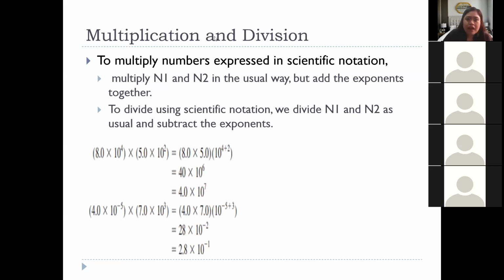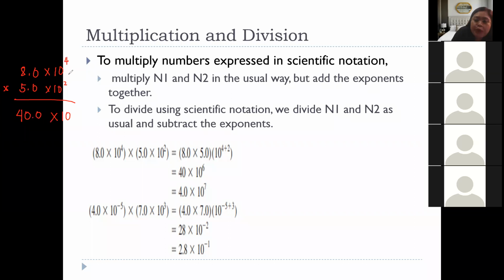Let me give you an example. For number 1, we have 8.0 times 10 raised to the power of 4, times 5.0 times 10 raised to the power of 2. In multiplication, we only multiply the capital letter N. So this is 8 times 5, which is 40, or we can write 40.0, times 10.